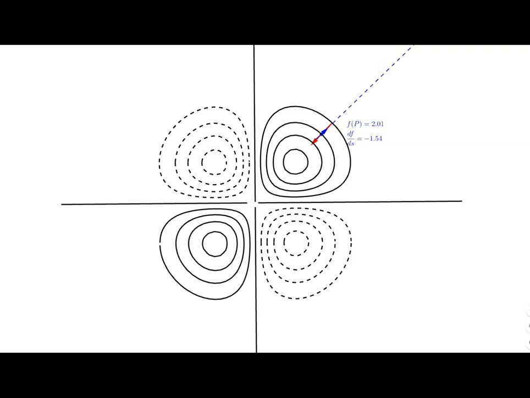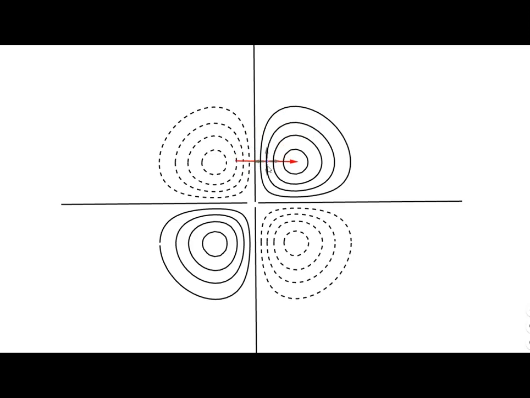Okay, let me take these guys off and let's just look at what happens to the gradient as we move it around. Notice the gradient always points in the direction of the greatest increase. Now when I get over here, notice how much larger the gradient is than it was on the other side. And the reason is that over here, we're climbing the hill more steeply.